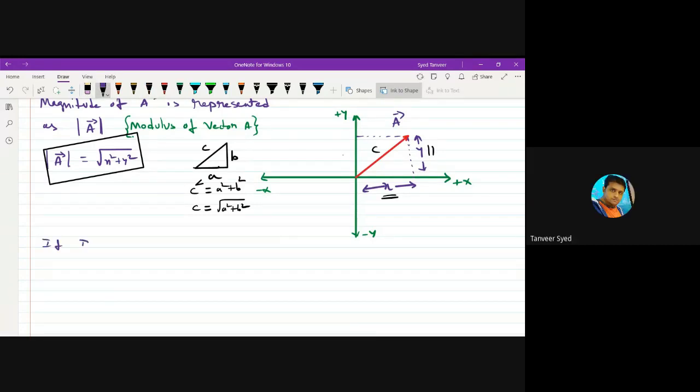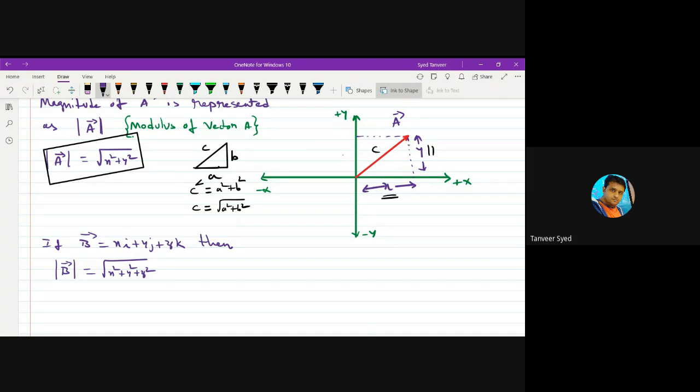If vector B is equal to xi plus yj plus zk, a three-dimensional vector, then the magnitude of vector B is root of x square plus y square plus z square.